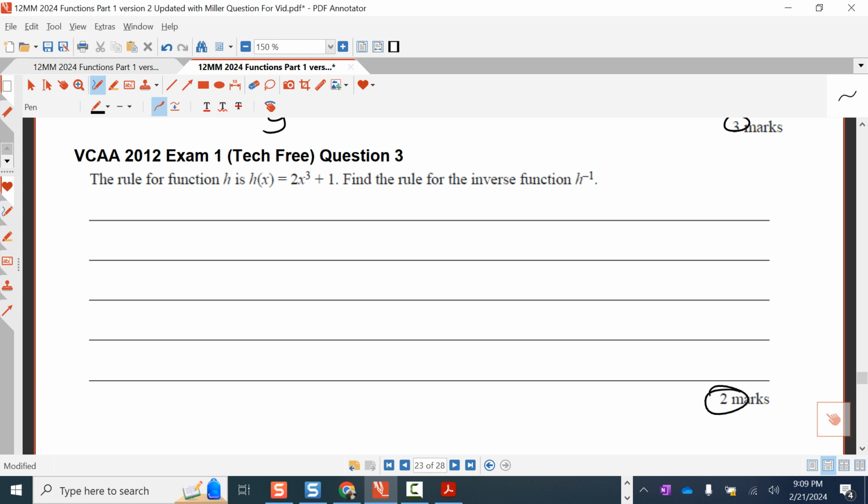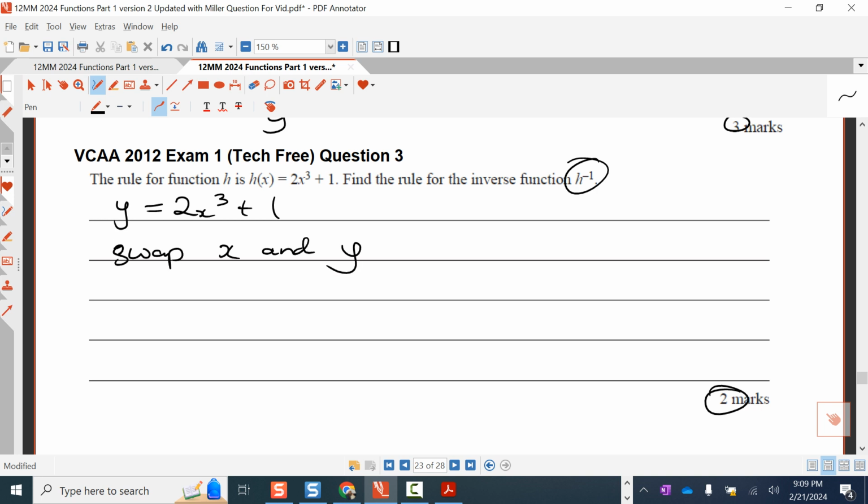So 2 marks. Rule for the inverse, h -1. We've got to use the notation, and I would state the domain even though it's only 2 marks. So we're going to go y equals 2x to the 3 plus 1. Swap x and y.